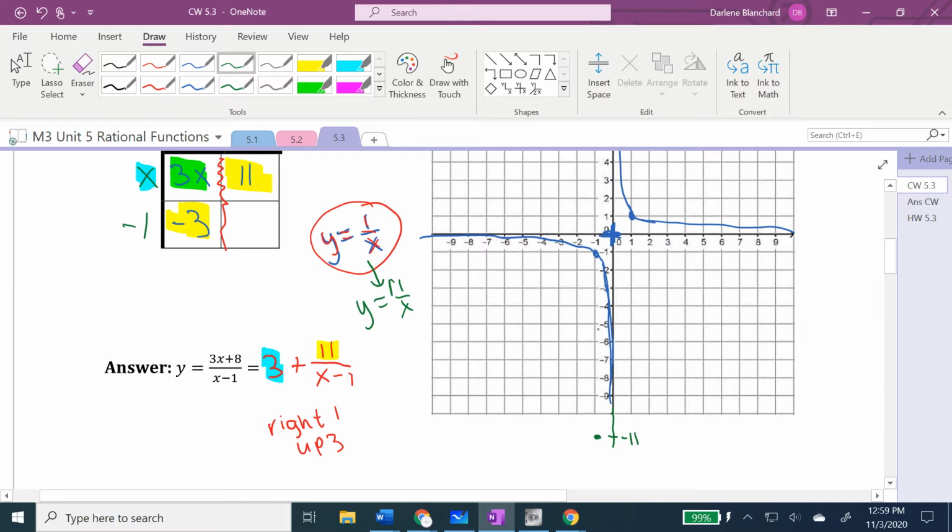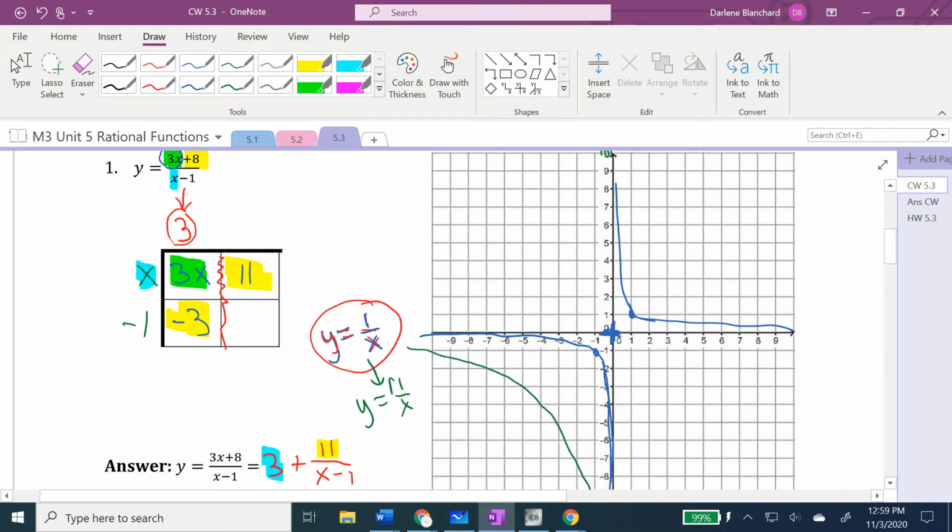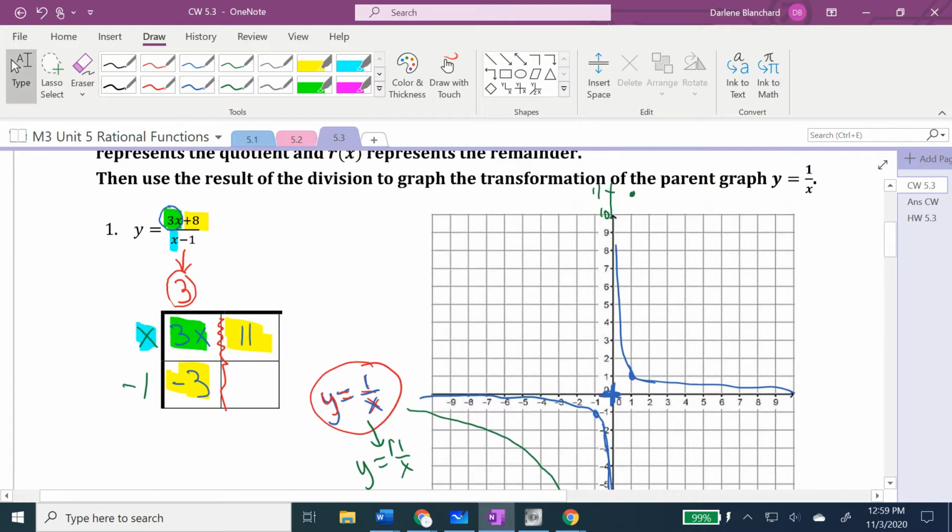And that's how this graph gets stretched. And I don't expect you to draw the most perfect graph, just acknowledge the stretching. It still has the exact same asymptotes as before.